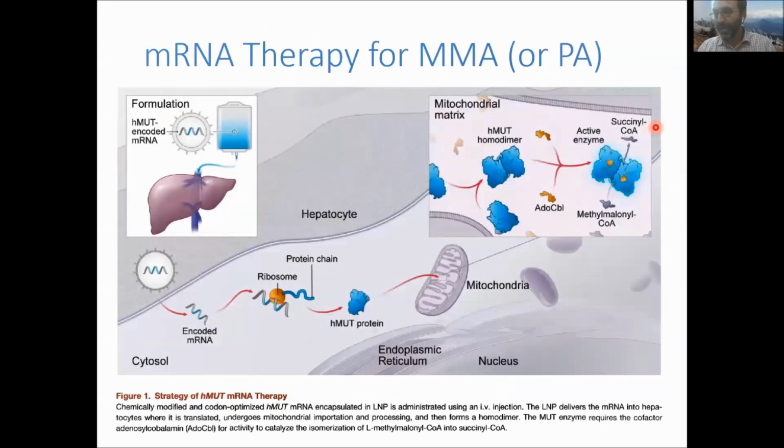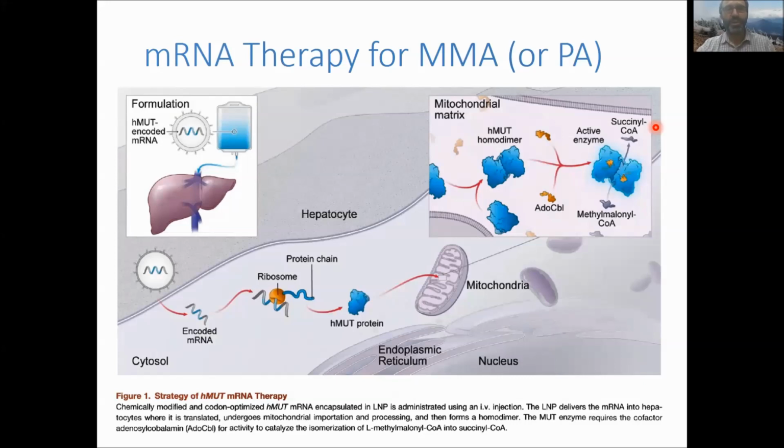Now, finally, as I near the end of my time, I want to mention another RNA study that's actually ongoing. And so this is also from Moderna. We're a site, we enrolled the first participant for the mRNA study in propionic acidemia.